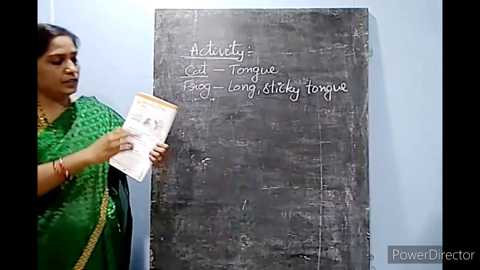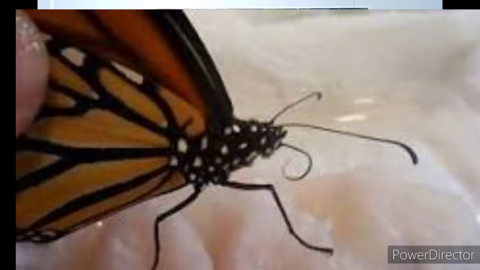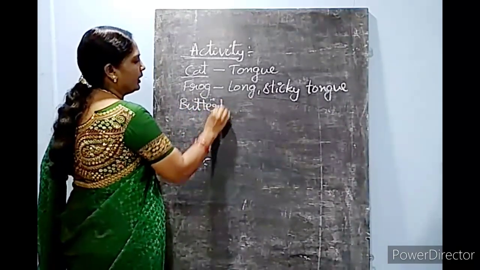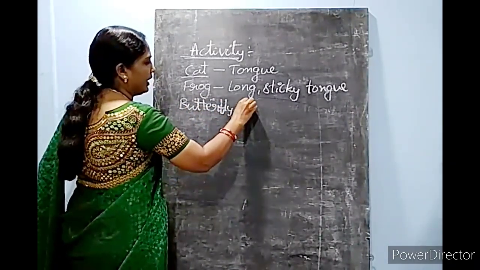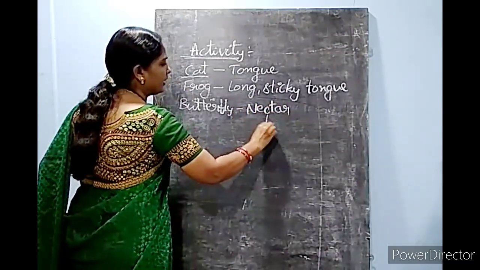Next, move to the next picture. What is the next picture, children? It's a butterfly. What does a butterfly eat? Butterflies suck nectar from flowers. What is the meaning of nectar?